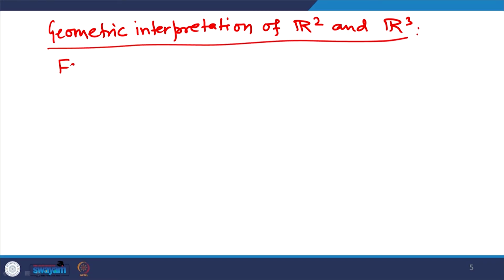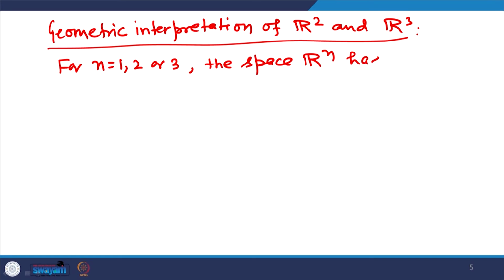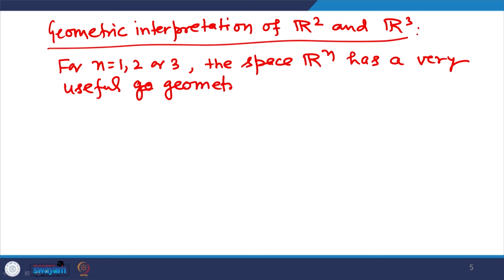So, what we can have is that for n equals to 1, 2 or 3, the space Rn has a very useful geometric interpretation.